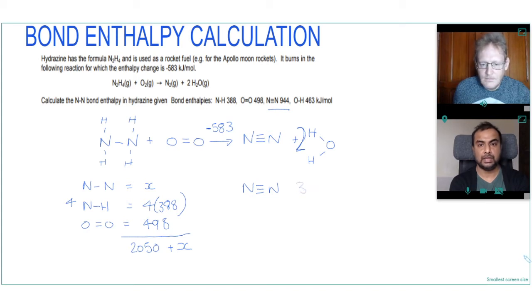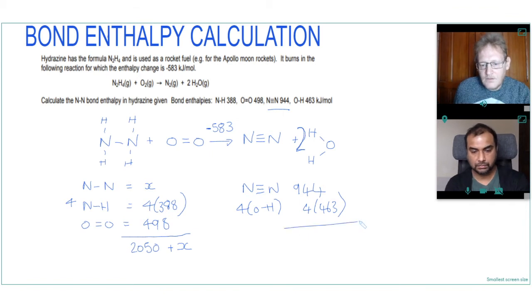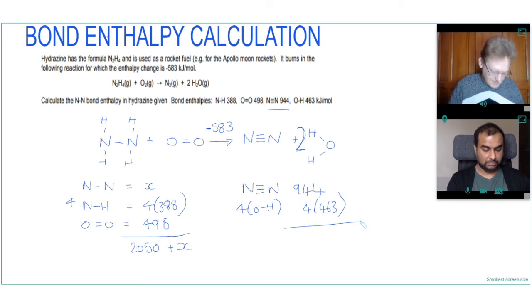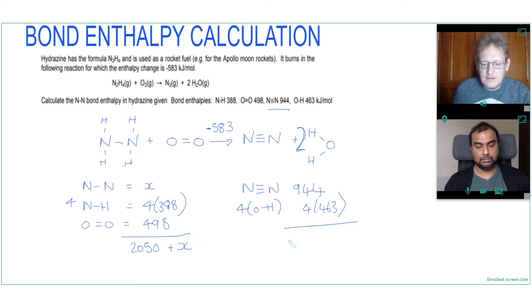Yeah, it's 944. And we've got 1, 2, 3, 4 OH bonds. So that's 4 times 463. And if we add all those up, 944 plus 4 times 463 is 2,796.